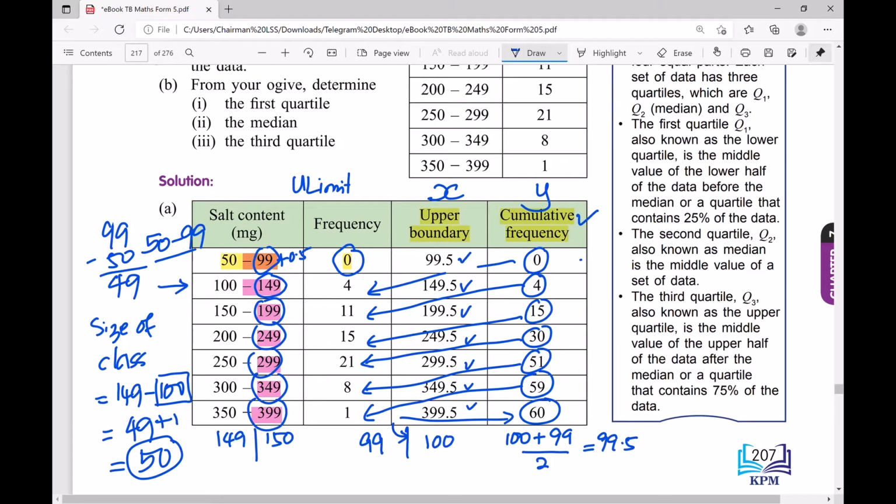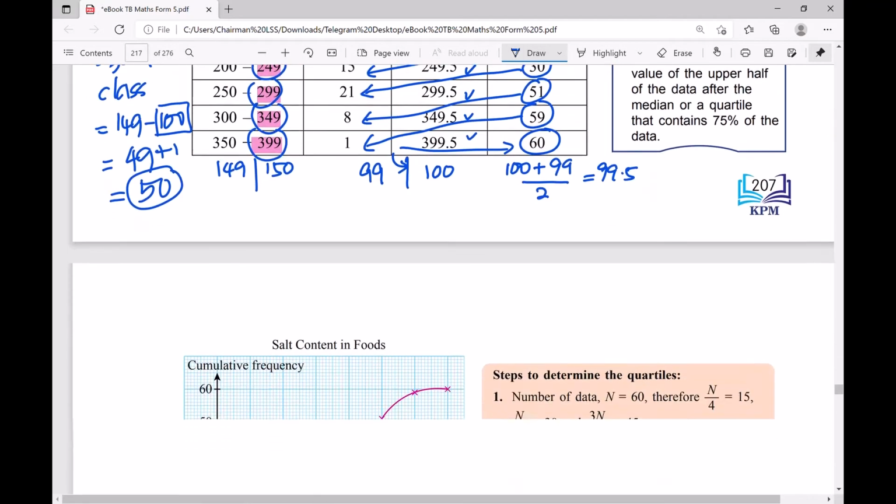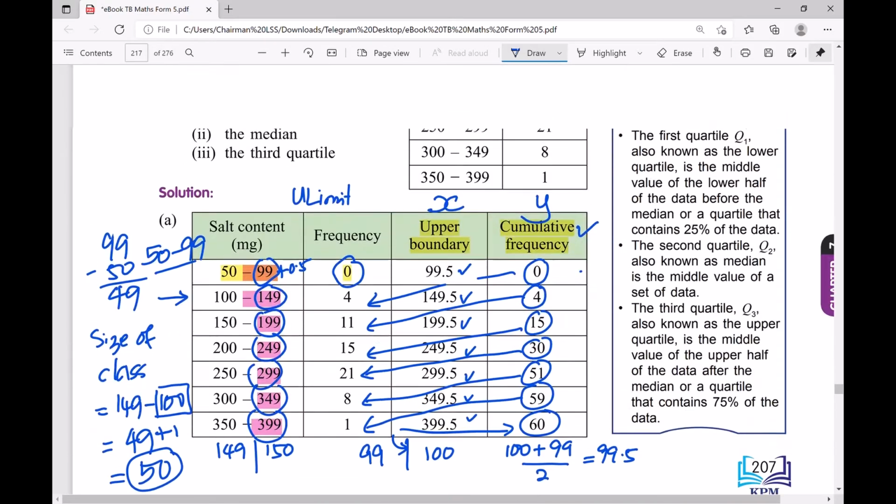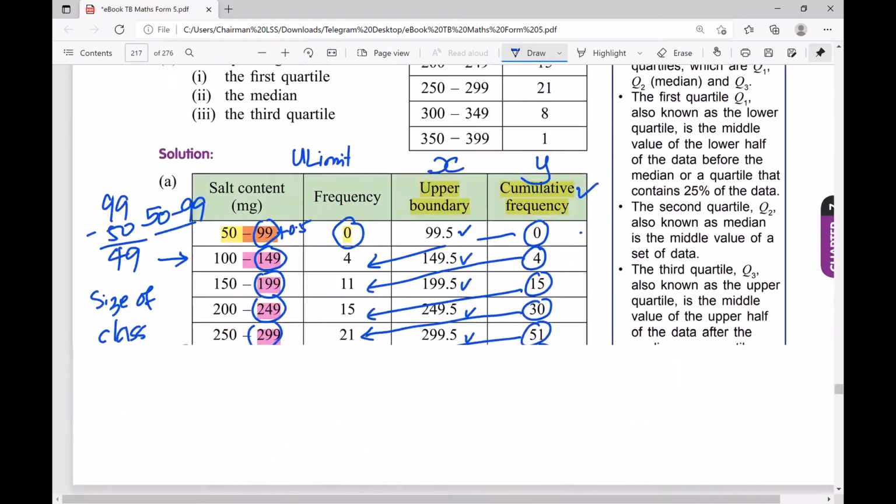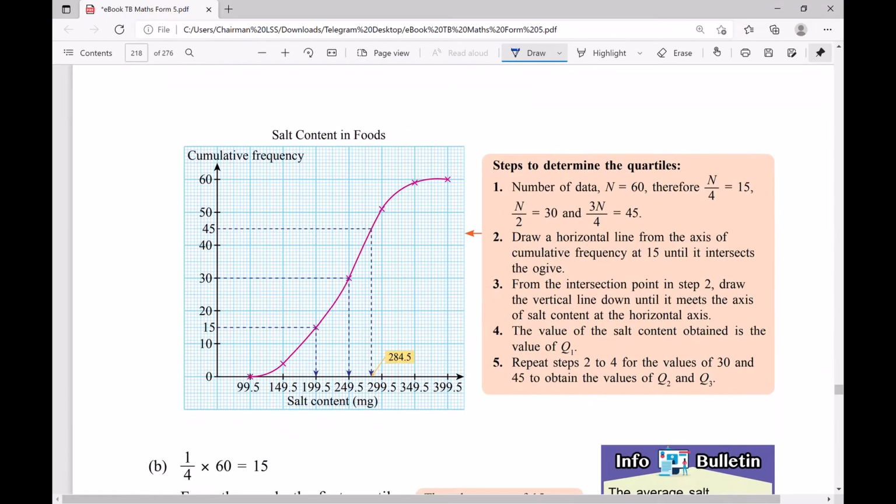So how to draw it? The question did not give you the scale, so you have to find your own scale. Do it on graph paper. The highest cumulative frequency is 60, so we can use 2 cm to 10 units.